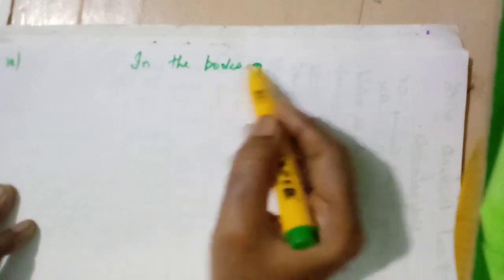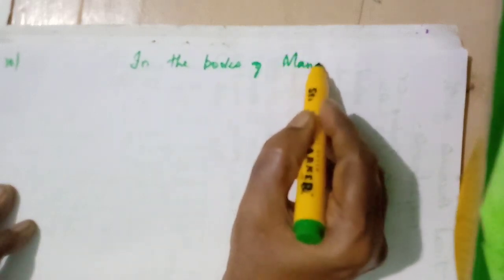So in the books of Manoj, first we should write the number of the problem. Exercise number 10, in the books of Manoj. What they have asked: prepare profit and loss account.